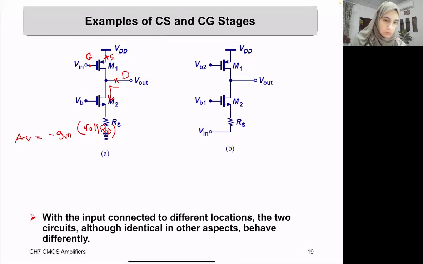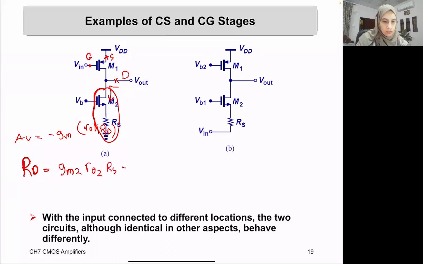Here, as we saw before for the case of degeneration of the transistor, the RD is going to be GM2 R out 2 times RS plus R out 2 plus RS. We discussed this when we found the output impedance in the case of degeneration of our transistor.